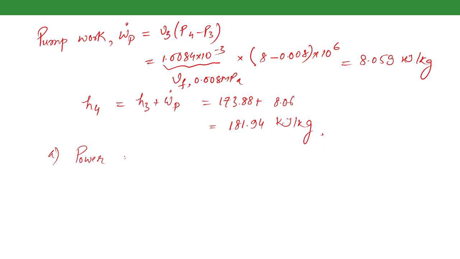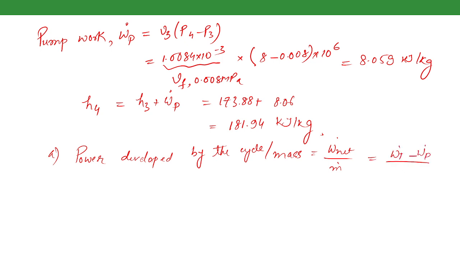So power developed by the cycle per unit mass is equal to W net by m dot, that is equal to turbine work minus pump work by m dot. So this is equal to (h1 minus h2) minus (h4 minus h3). If we put in the values, we will get this to be 955.14 kilojoule per kg.